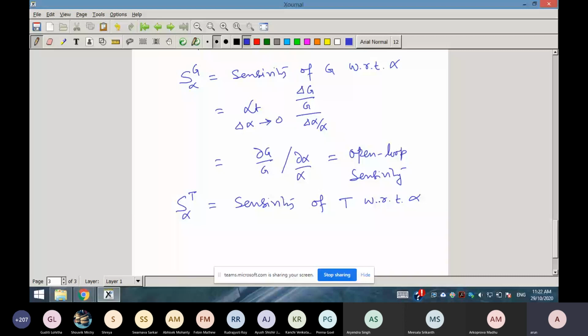That we denote as S alpha T. Using the same definition, del T by T divided by del alpha by alpha. So these things have been taught in class.